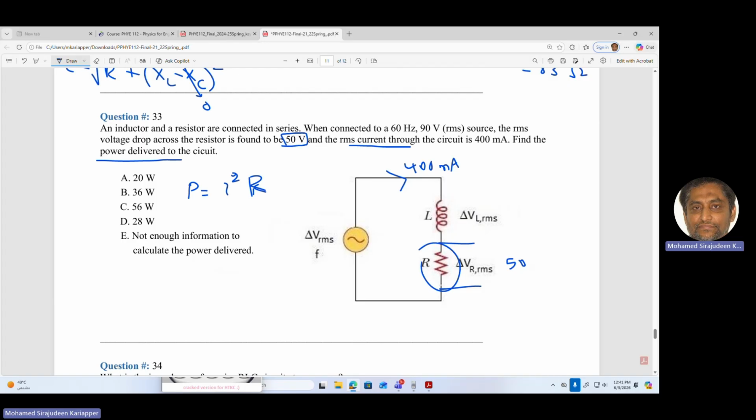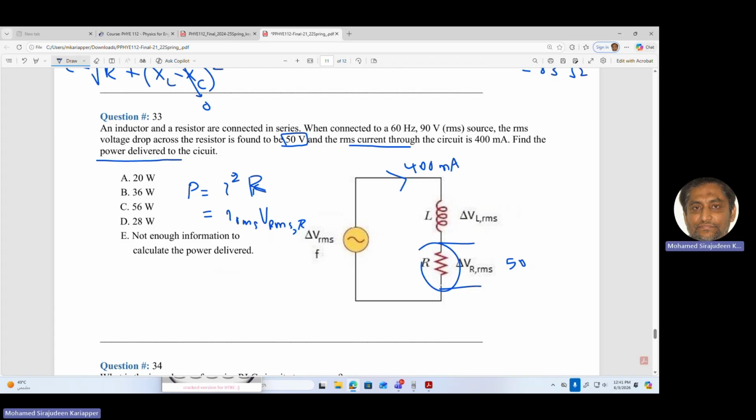No. So IRMS and VRMS across the resistor are given, right? VRMS given?